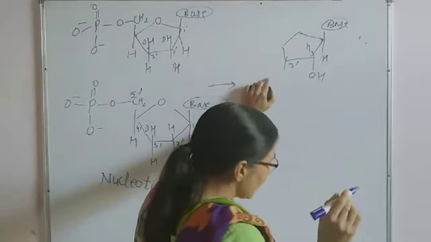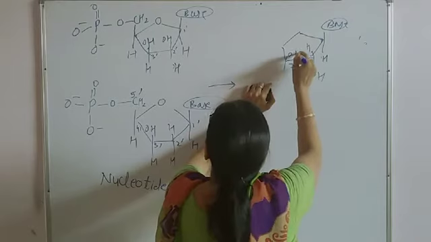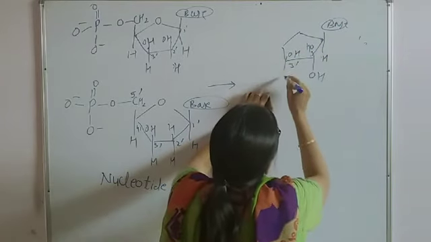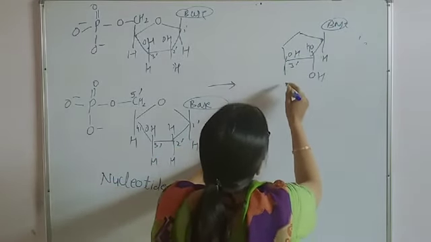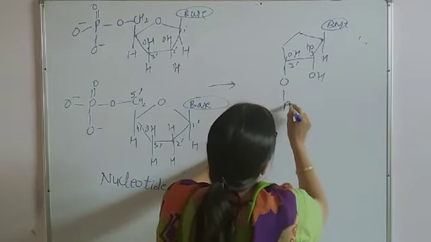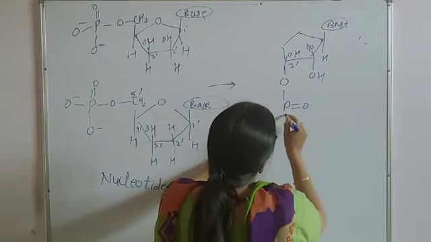From this 3 dash unit, this OH will remain as it is and phosphate linkage will be here.